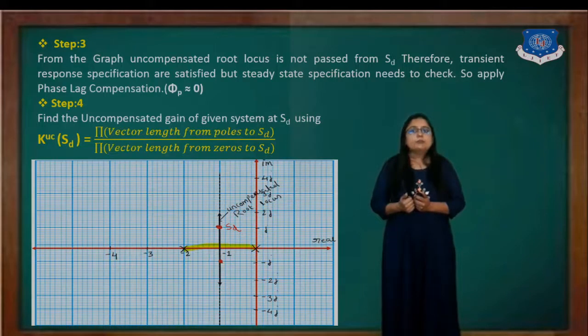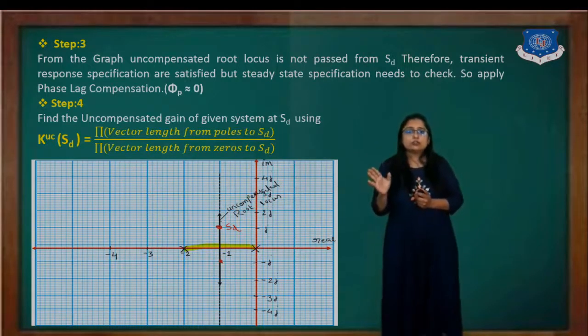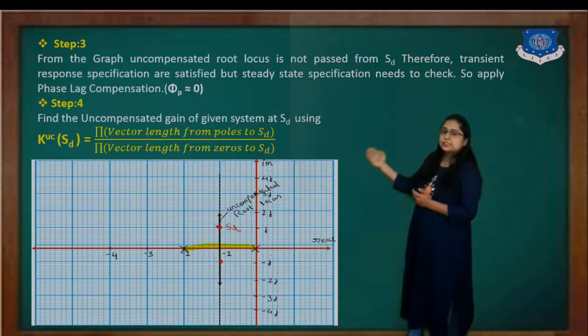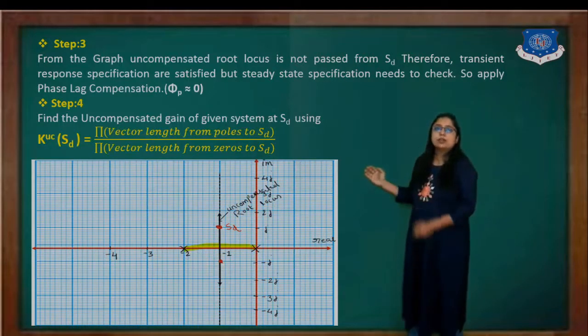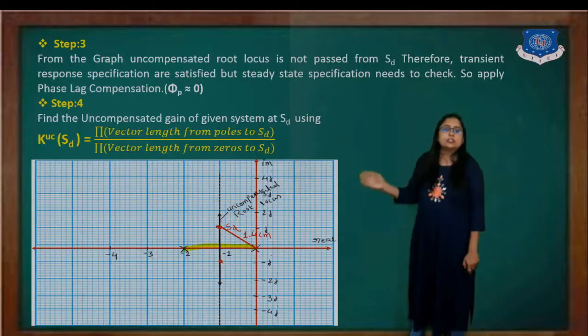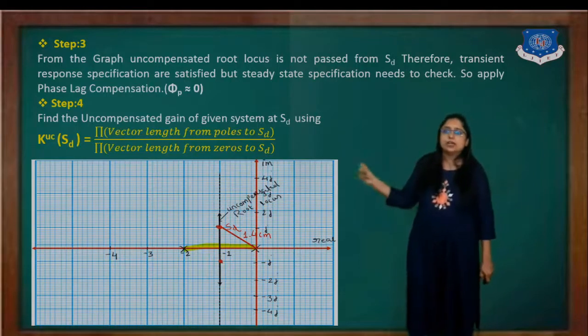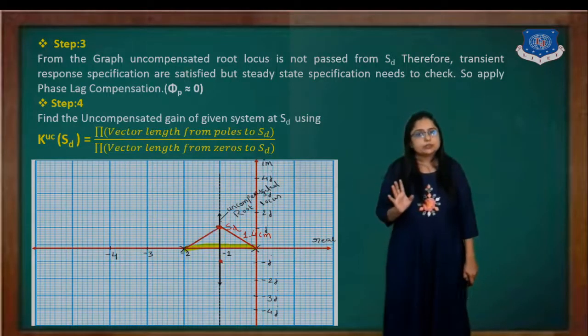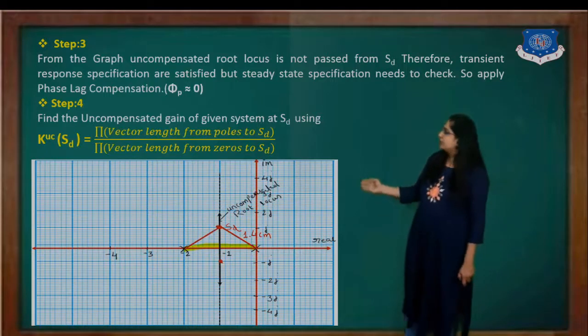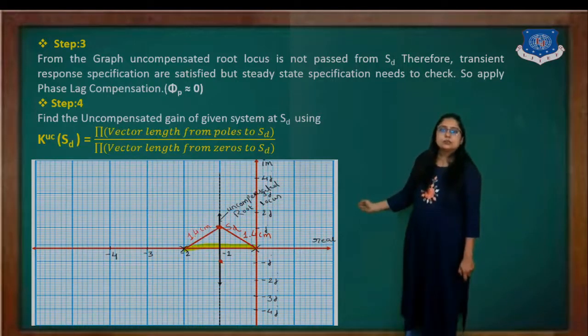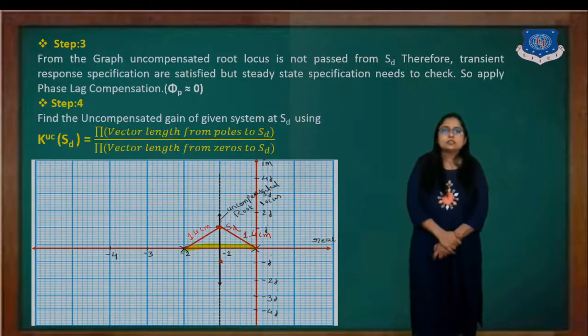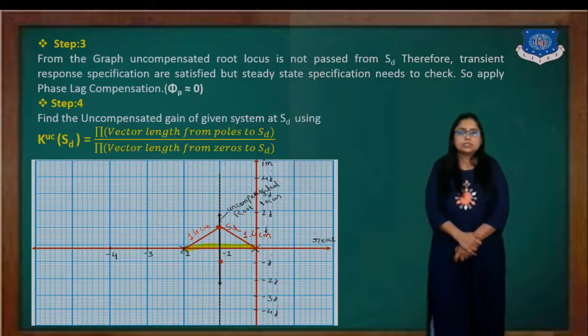Whenever you have a vector length, you have to measure that length with the help of a scale. First, draw a line from SD to 0 and SD to -2, and measure this distance with the scale. It's 1.4 centimeter. Then the other line from SD to -2 has the same distance, 1.4 centimeter.